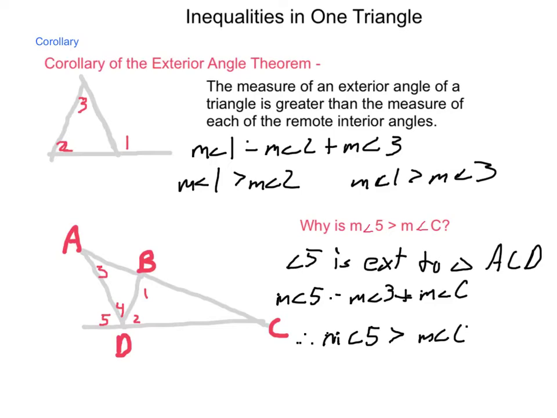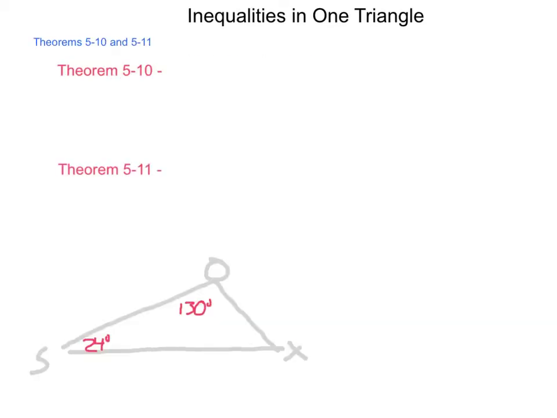Along with this item, we can also look at other theorems that come in with the inequalities, particularly those that relate to angle measurements and side lengths. So let's take a look at theorems 510 and 511.